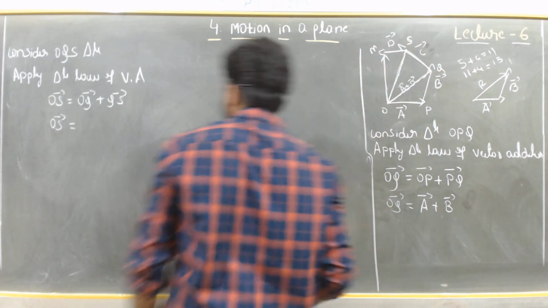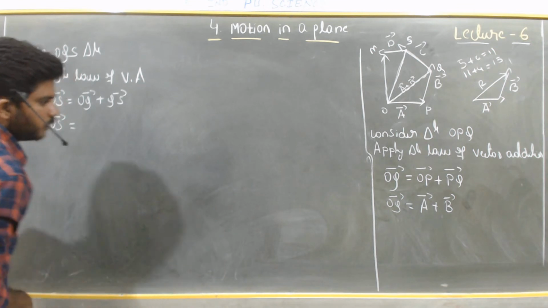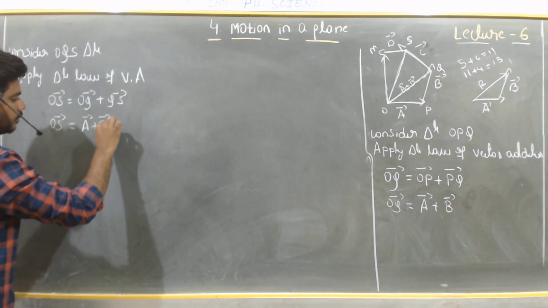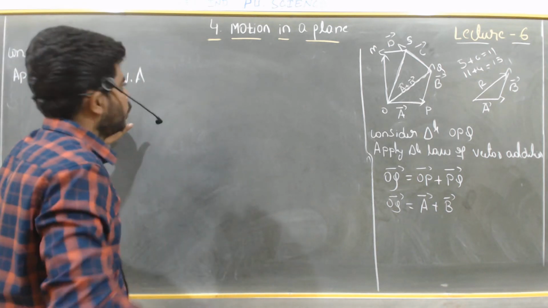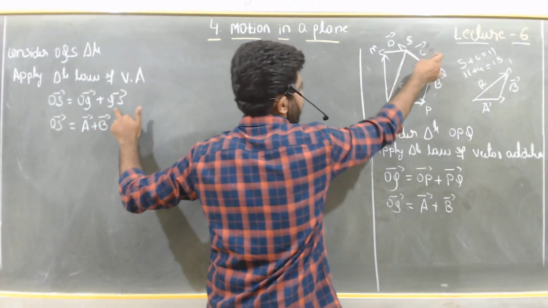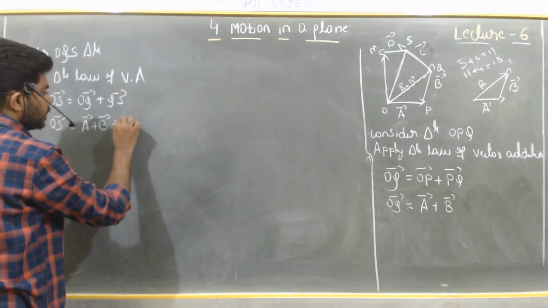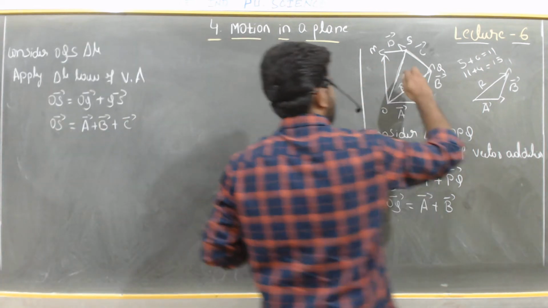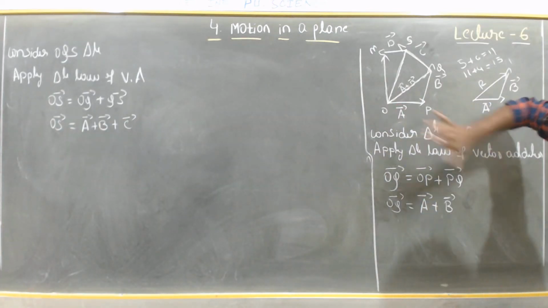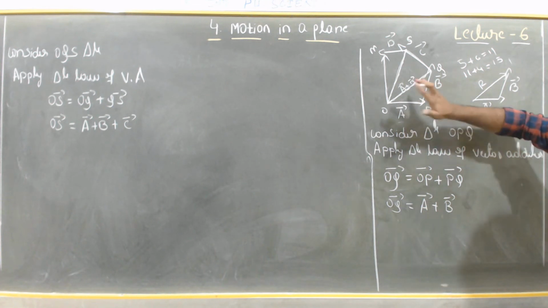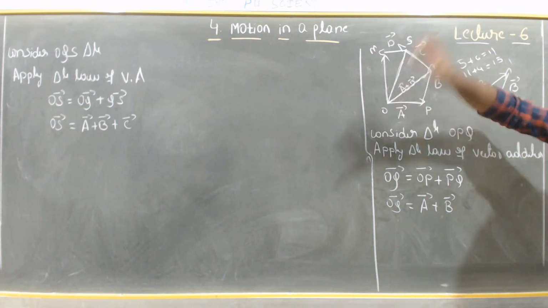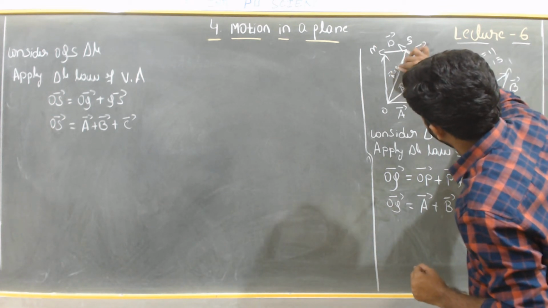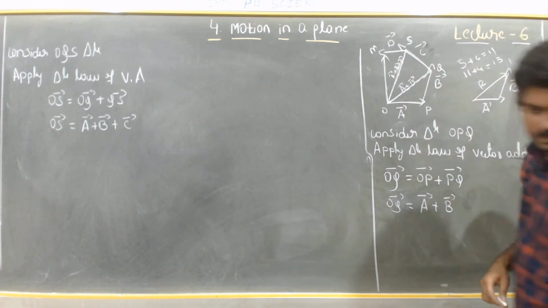So OQ we have vector A plus vector B. Next QS, of course, we have the value C. So OS value we have got. So here I will write, first side I have got only A plus B. Next I have got A plus B plus C.